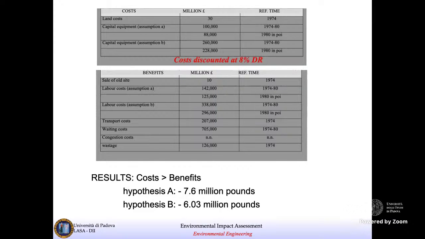The labor cost is a social cost that may change in different assumptions. Transport cost is in between a social cost and a market economy cost. Waiting cost and congestion costs as well.